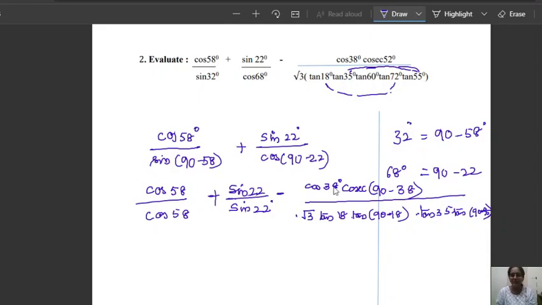So let me write the value of tan 60 now here. Root 3, let it be. The value of tan 60 is root 3.